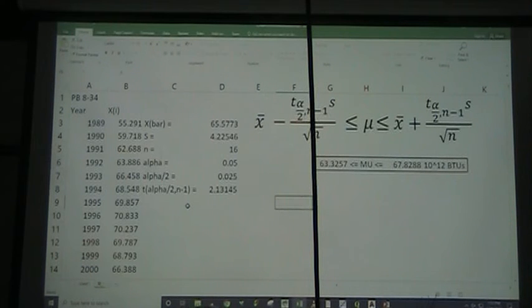All right, so this is problem 8-34. Now, I hope you guys are actually looking at these materials and I'm not wasting my time creating them. Because believe me, two more lectures, I could be done with chapter 8.